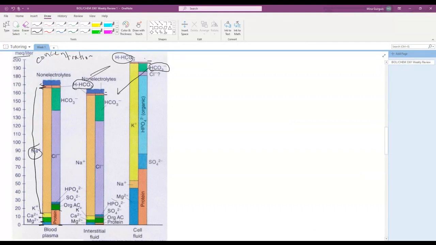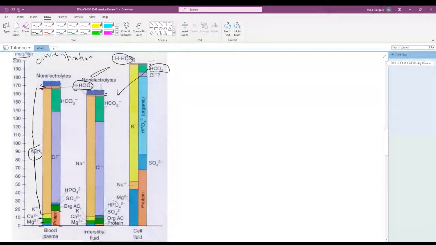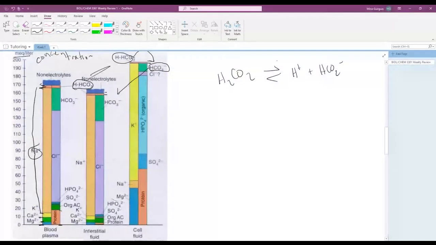So the cell fluid wants to transfer some of its bicarbonate away. As it does that, our carbonic acid equilibrium will shift. Let me go ahead and draw that. H plus and HCO3 minus. So as we lose this bicarb, the reaction moves to the right by Le Chatelier's principle, and so we get more bicarbonate, okay? And that's why this concentration is kept so high, because it needs to be this high, okay? And the same thing happens with the other two, and that's why those bands are so close together.